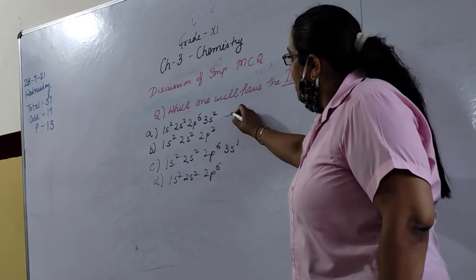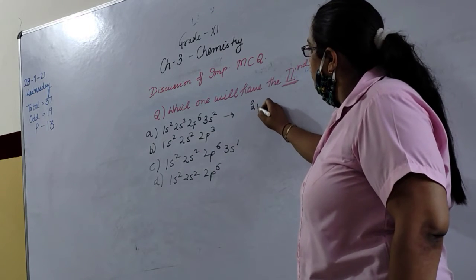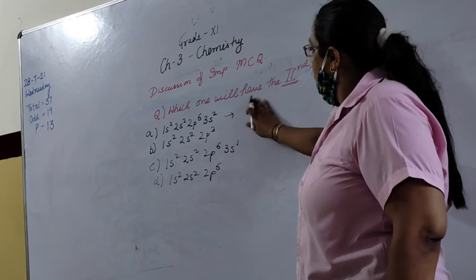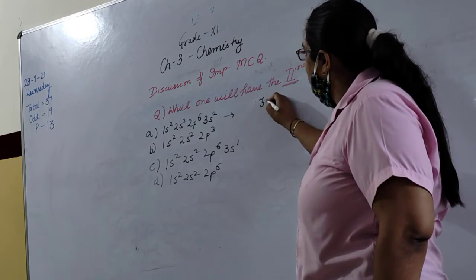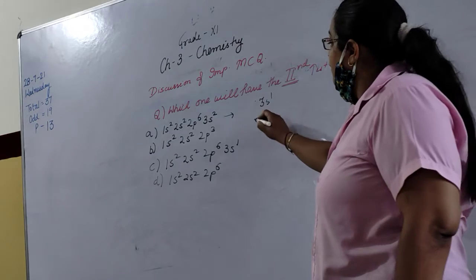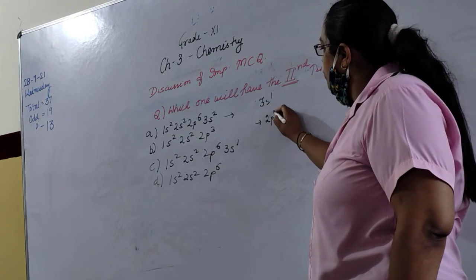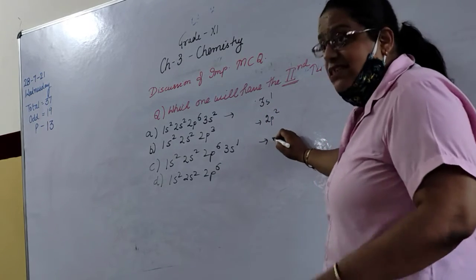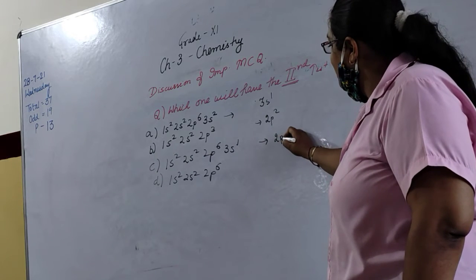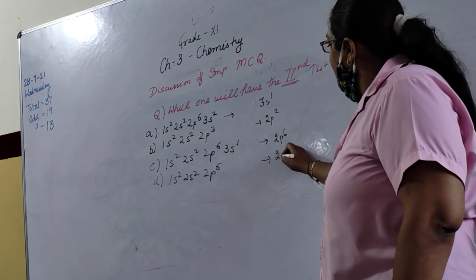After the first IE, the configurations will be converted. Suppose after the first IE it is 3s1, then it becomes 2p6, and the other becomes 2p5.